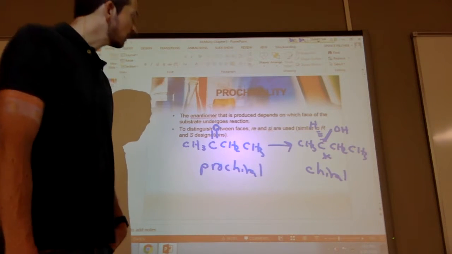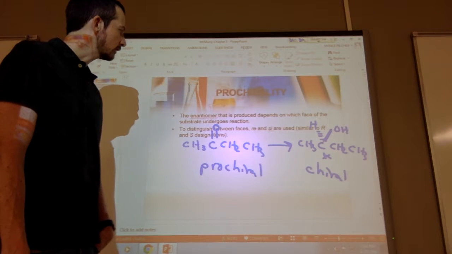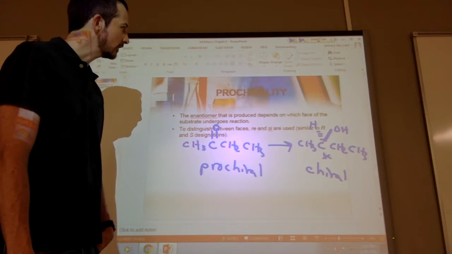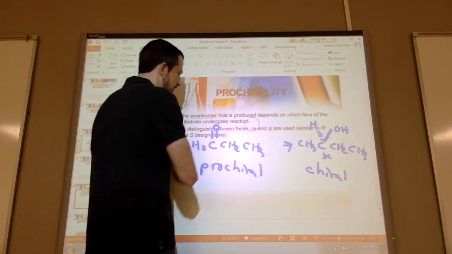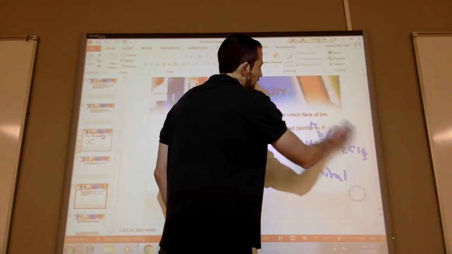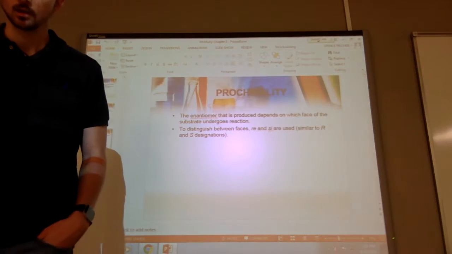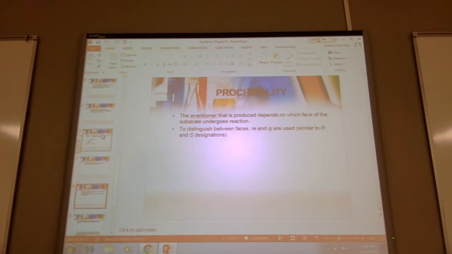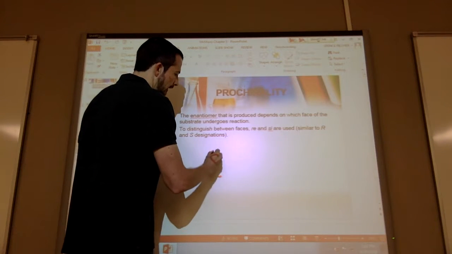The enantiomer that is produced depends on which face of the substrate undergoes reaction. To distinguish between faces, Re and Si are used, which are similar to R and S designations. So look at that example.